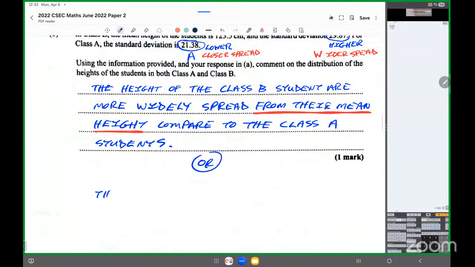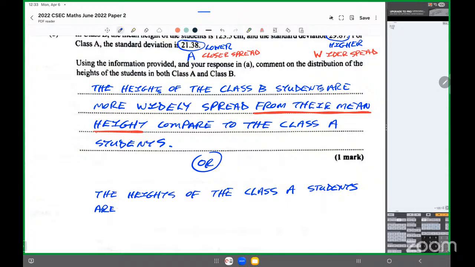I could say the heights of the class A students are more... class A students, standard deviation is less. So it's a closer spread. So you say it's more closely spread.